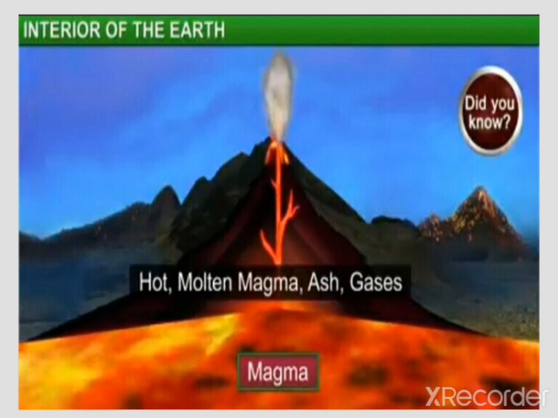Just now I told you that this layer is responsible for volcanic eruptions and earthquakes, because in this layer the magma chambers are located, and the epicenters of earthquakes are also located. Because of that this layer is known as the asthenosphere. Got it, everyone?